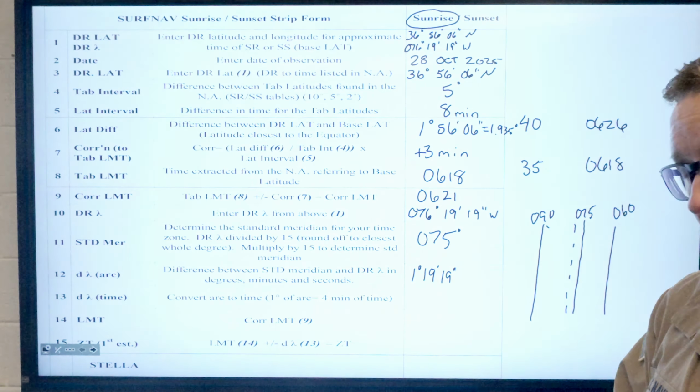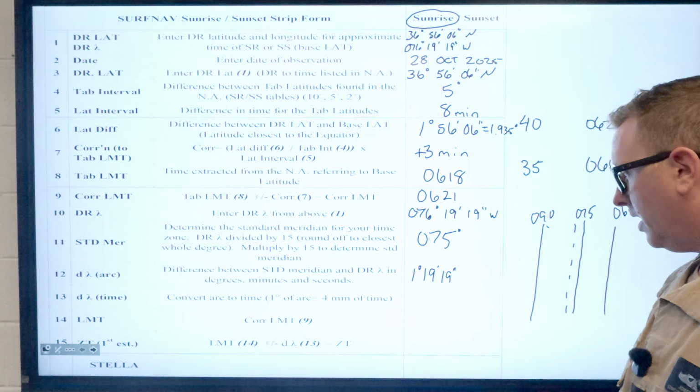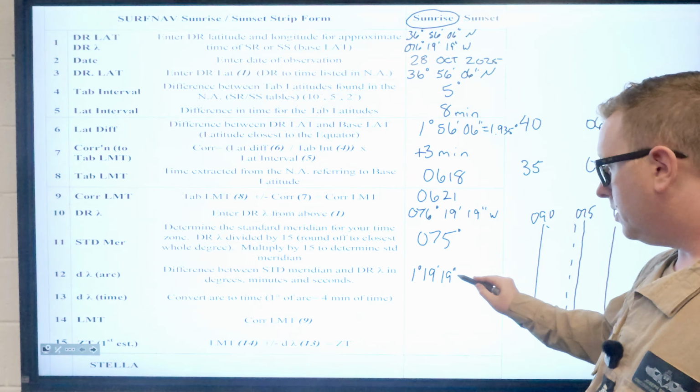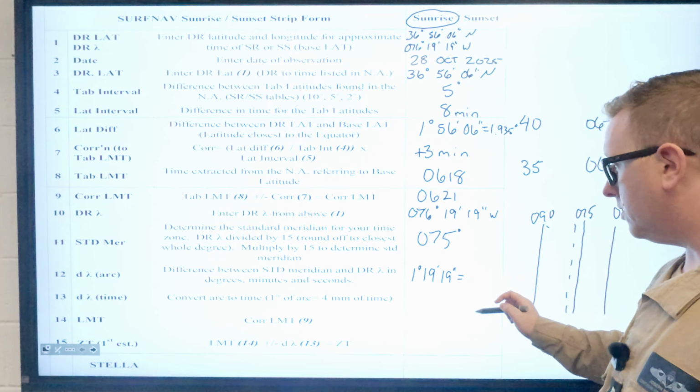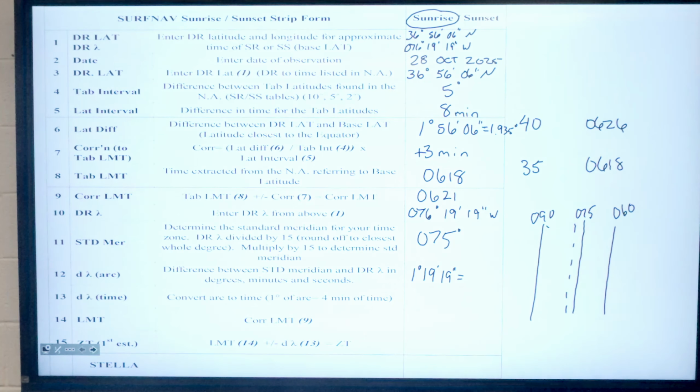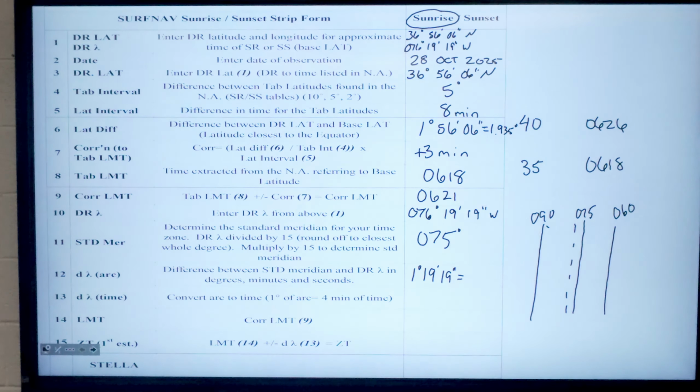Next one is to convert that, arc to time. So basically what I like to do is turn this into one number. 19 divided by 60 plus 19, you get 19.3 and so on.